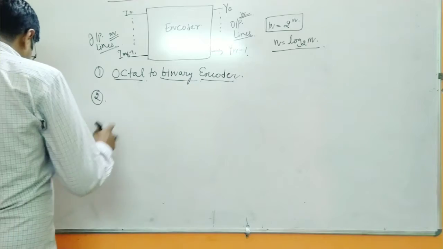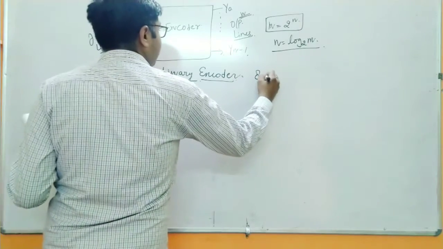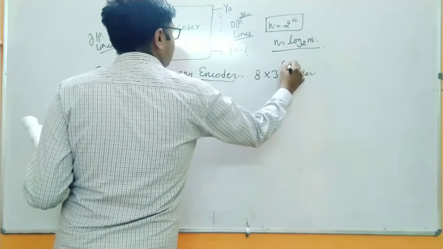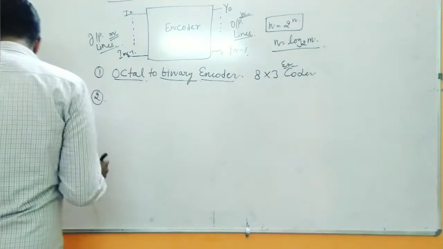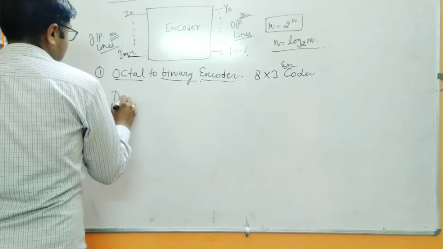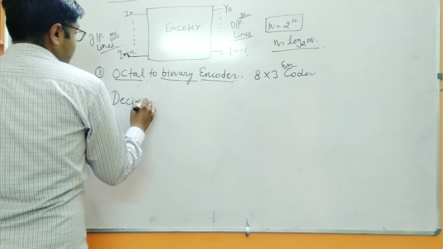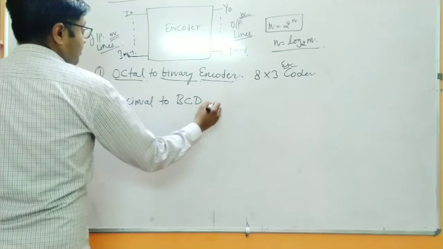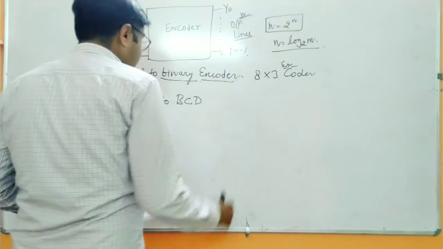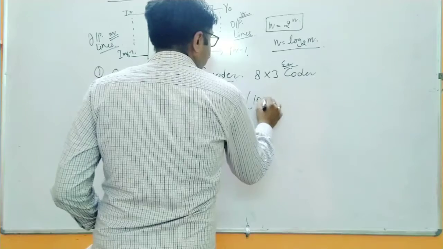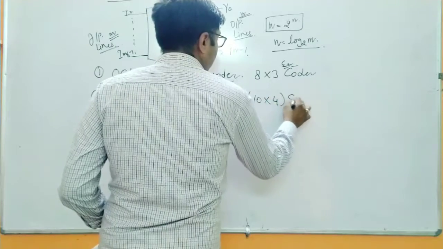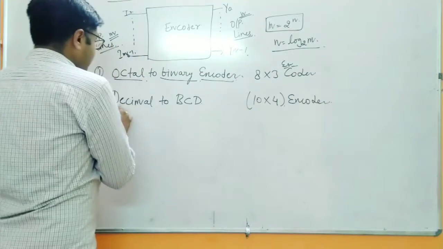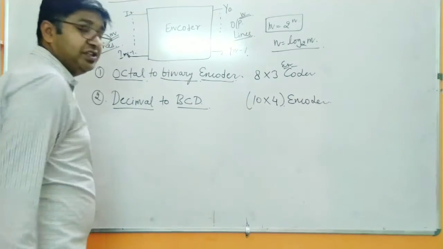It is called the 8 by 3 encoder. The second one is decimal to BCD, which is called the 10 by 4 encoder: decimal number to BCD.